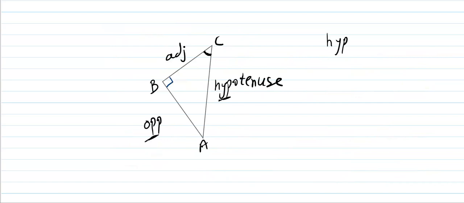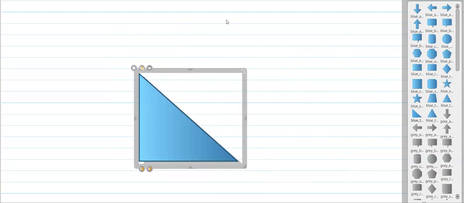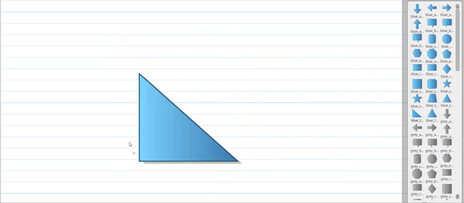First I'm going for the Pythagoras theorem. This is the right angle, so this one is the hypotenuse. Let's say I'm considering this angle, so this is opposite and this one is the adjacent.